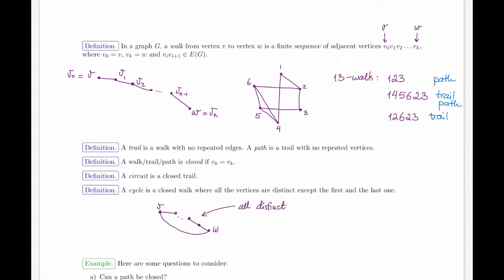So it is essentially a path that connects back to the original vertex. And this is going to be very important in terms of proving coming up results. Okay? Now, particularly for the circuit, notice that I'm not allowed to have repeated edges, but I can have repeated vertices. Whereas for the cycle, nothing at all can get repeated.